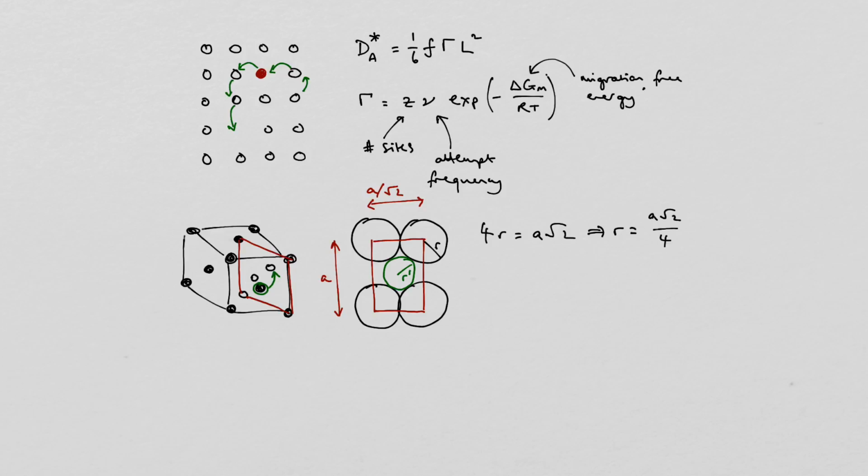But then looking at this particular diagonal, the diagonal of this rectangle, looking along there, you see that 2R plus 2R primed has got to be the square root of a squared plus a half a squared, which is a times the square root of 3 over 2, and therefore R primed is the difference between those.